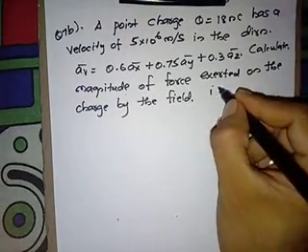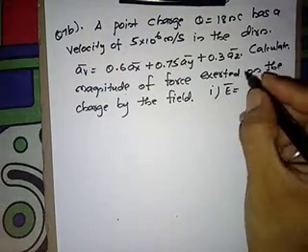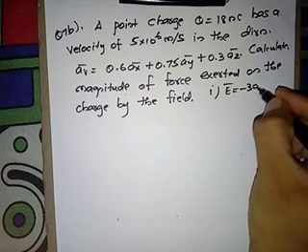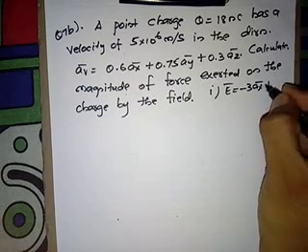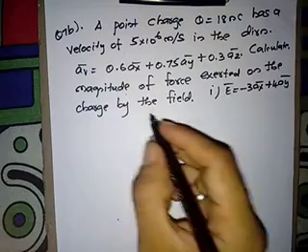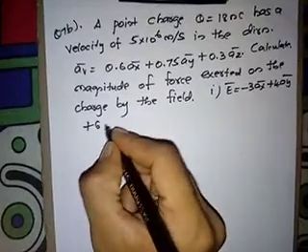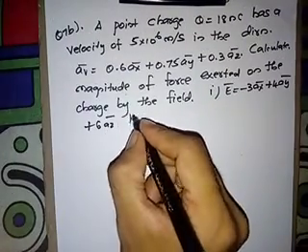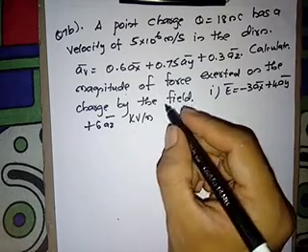That is, the first field is only due to E bar, that is minus 3 aX bar plus 4 aY bar plus 6 aZ bar kilovolt per meter, that is into 10 raised to 3.